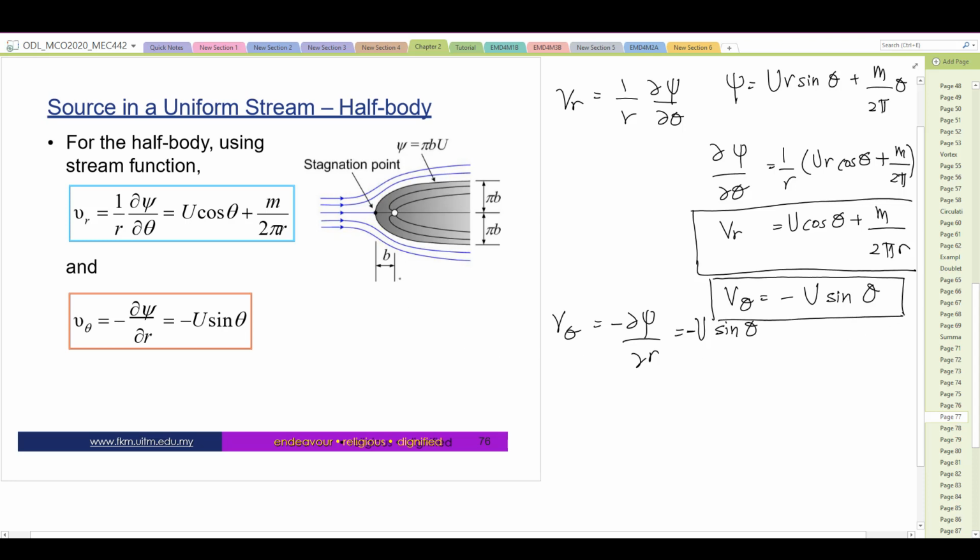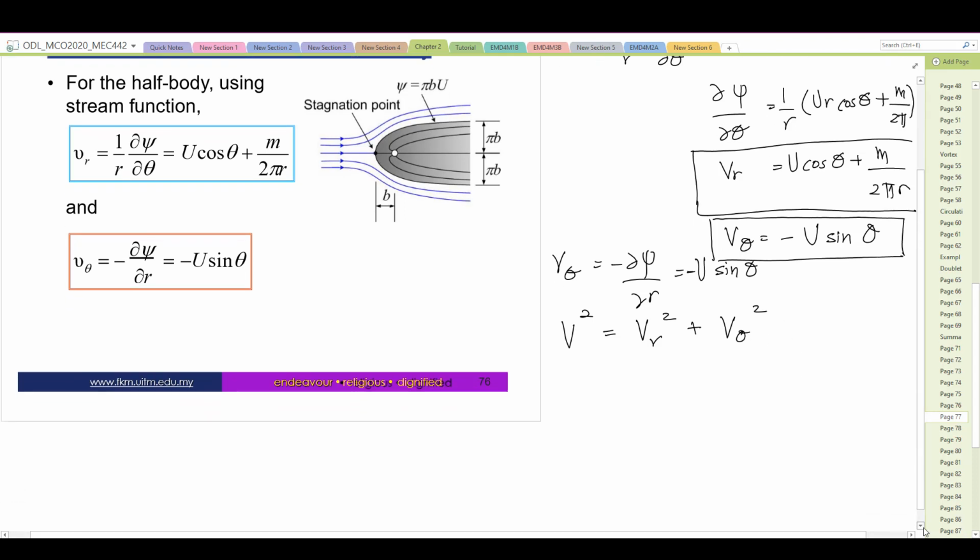Okay, so if we would like to find the velocity at any point within this streamline, we can determine it in terms of the magnitude of the velocity. The magnitude of the velocity squared equals V_r squared plus V_theta squared.